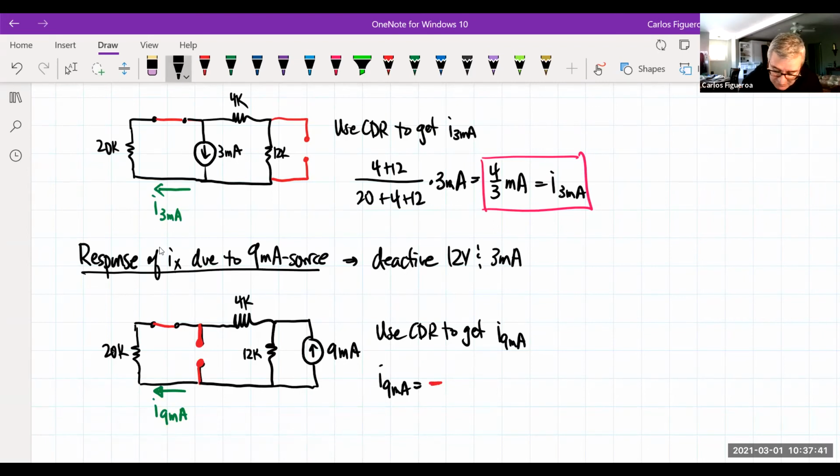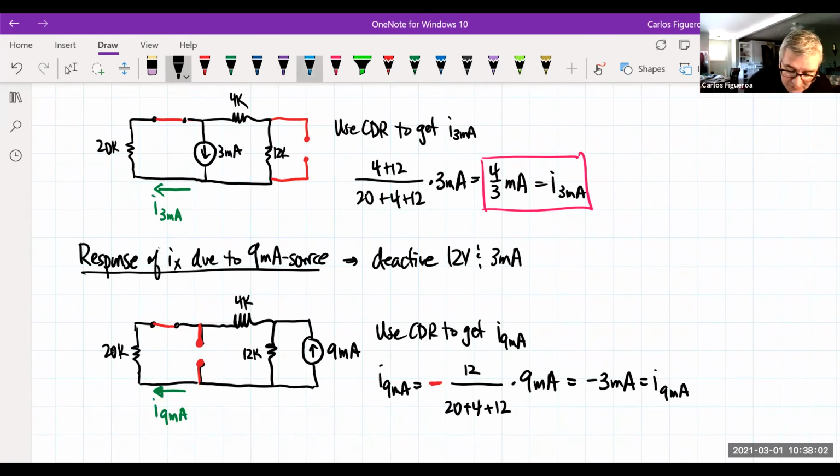So the opposite resistor in this case is what? Is the 12. So I'm going to get 12, and I'm going to have 20 plus 4 plus 12 times 9 milliamps. In this case, I end up getting minus 3 milliamps, and that's the contribution of the 9 milliamp to that 20K resistor here.